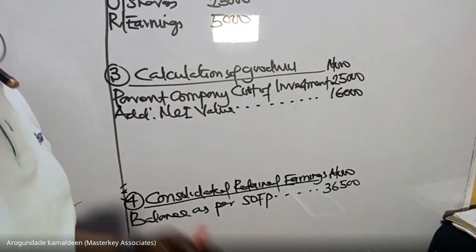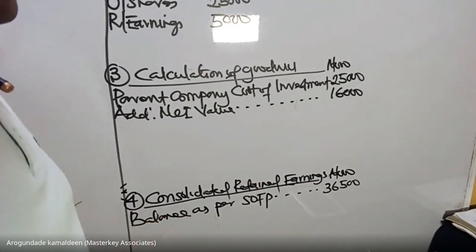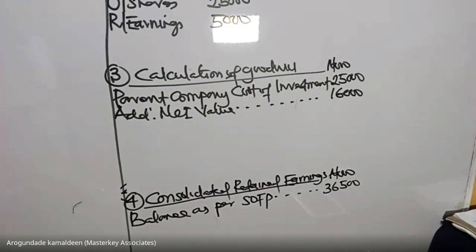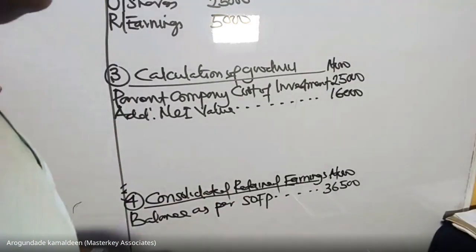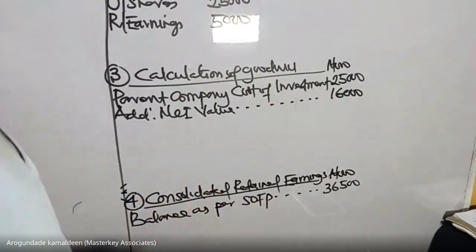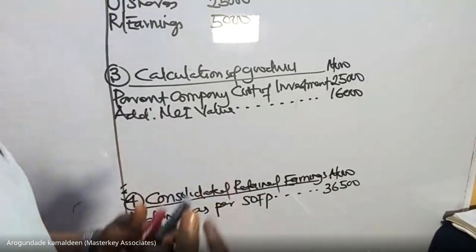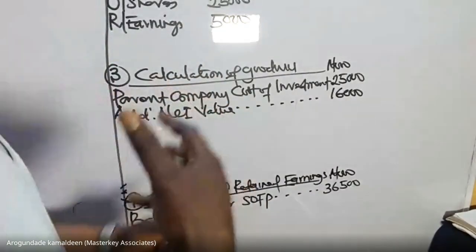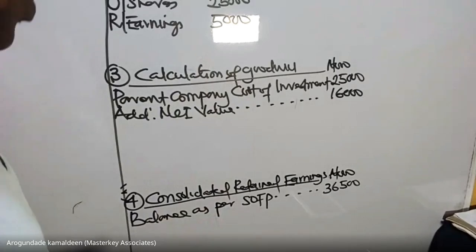After this now, show the adjusted subsidiary retained earnings. You know all these things now. So let's come here. Here, the parent company is having just one reserve, retained earnings. Remember, if there is another component of equity or revaluation surplus, you will also show it. But here it's having just one reserve, retained earnings.